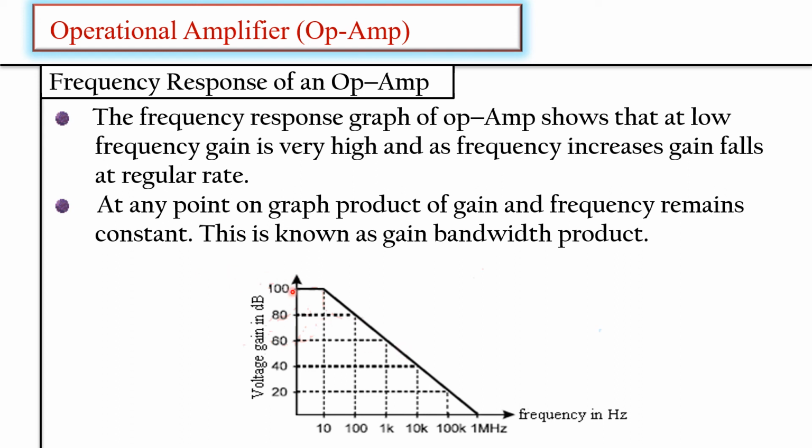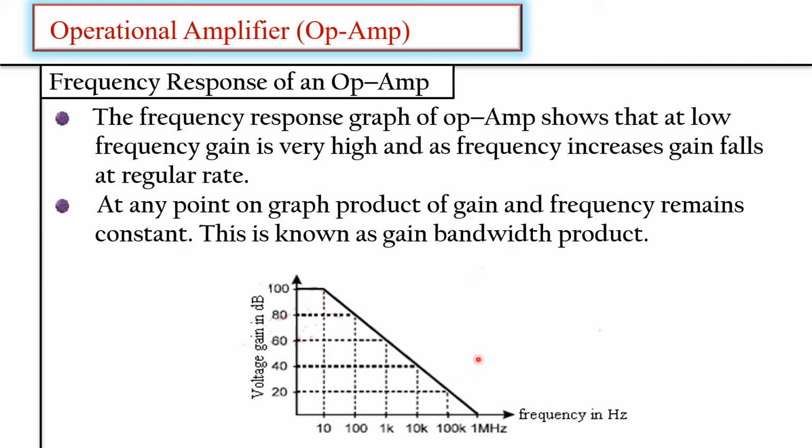But the actual response of the op-amp will look like this. That means the gain of the op-amp will be constant up to a certain frequency, and if we go beyond this frequency, then the gain of the op-amp will reduce at the constant rate of minus 20 dB per decade.